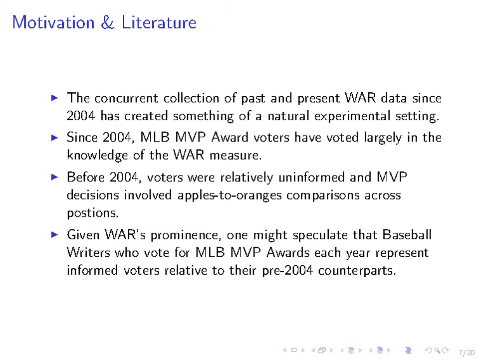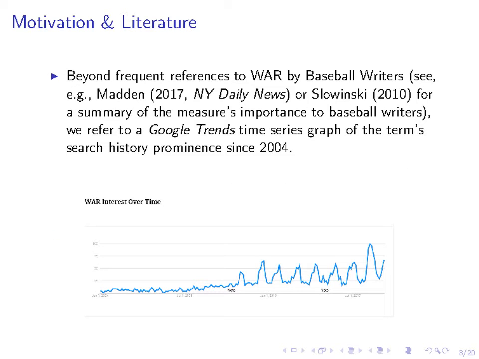Given WAR's prominence, one might speculate that baseball writers who vote for MVP awards each year represent informed voters relative to their pre-2004 counterparts. Beyond frequent references to WAR by baseball writers, we can refer to a Google Trends time series graph of the term's search history prominence since 2004 to see how the measure has grown.